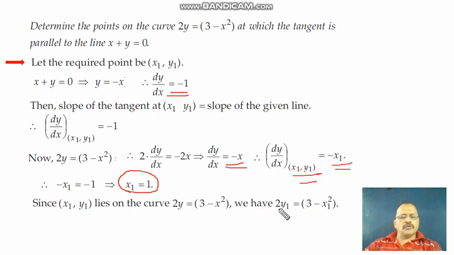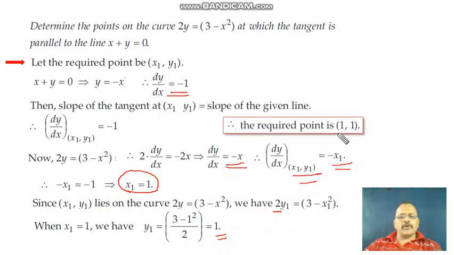And therefore 2y1 is equal to 3 minus x1 square, and therefore putting x1 is equal to 1 in this equation, we get y1 is equal to 3 minus 1 square divided by 2. Solving, we get it is equal to 1. And therefore the required point of contact is x equal to 1 and y equal to 1, that is point is 1 1.